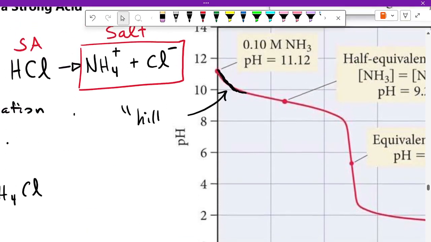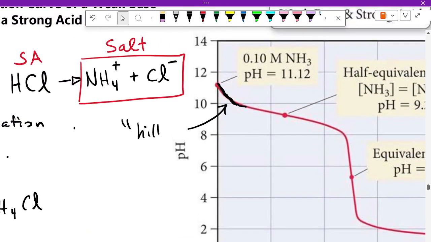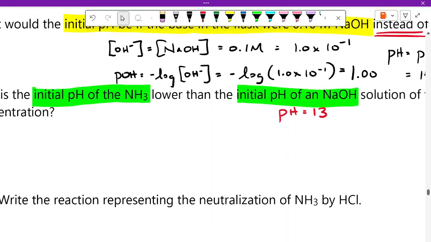Because it is at like 11.2 or 11.12. What do you guys think?